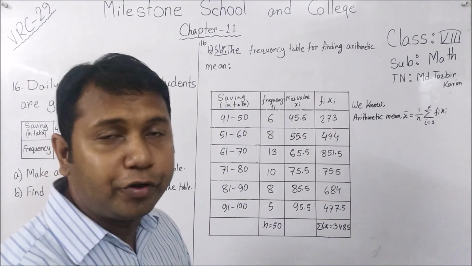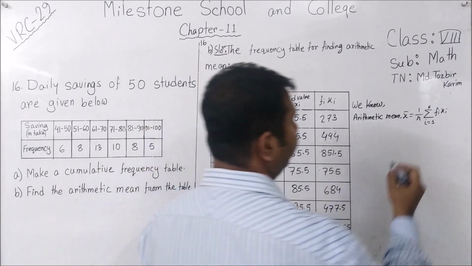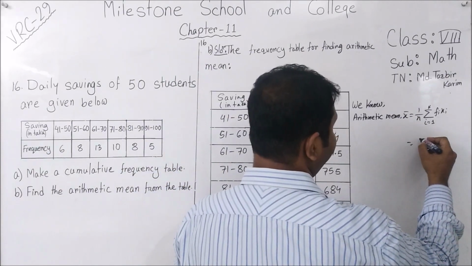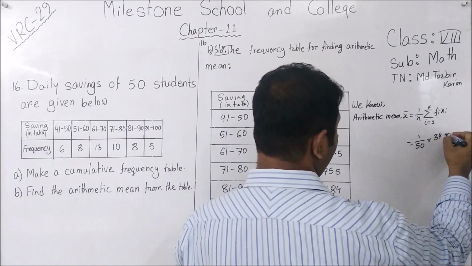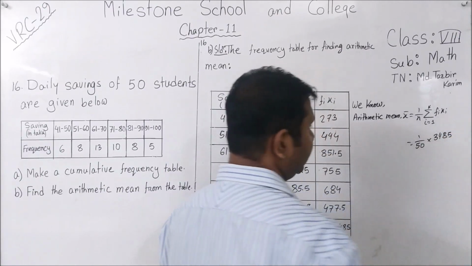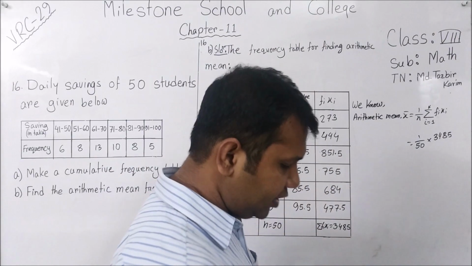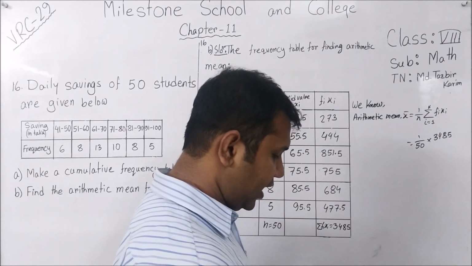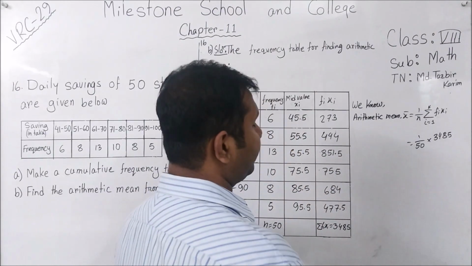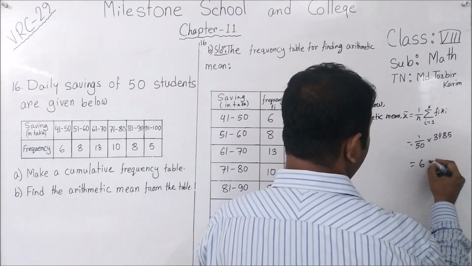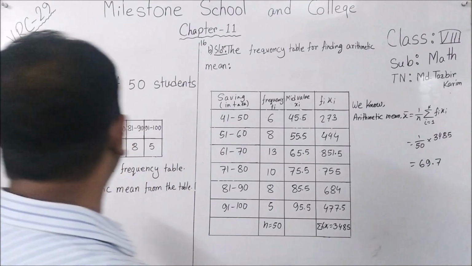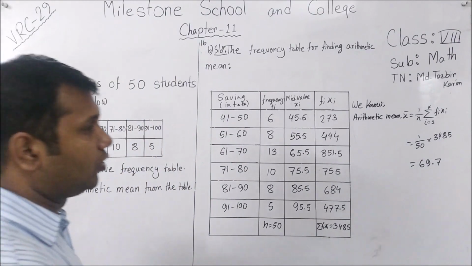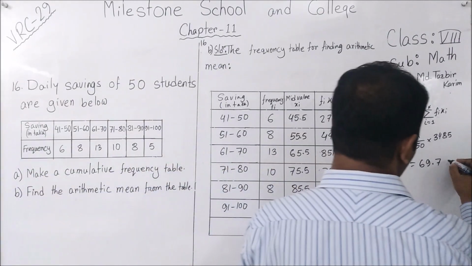Okay, now we are going to put the value of n, that is 50, 1 by 50 into 3,485. If you use the calculator, we are going to get the answer, that is 69.7. And what we had to find out was the savings. So that is your taka.